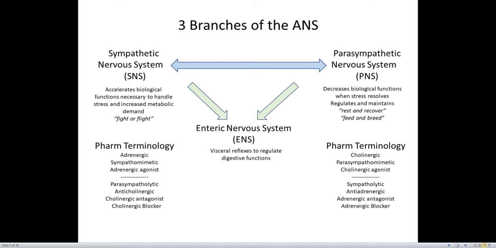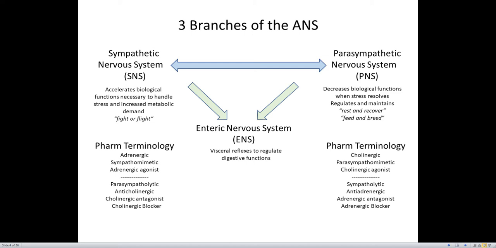Now below that are four other terms: parasympatholytic, anticholinergic, cholinergic antagonist, cholinergic blocker. So all of these terms will inhibit the parasympathetic nervous system. And in doing that, we will get a response that's similar to the sympathetic response.